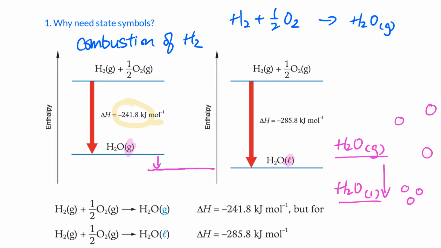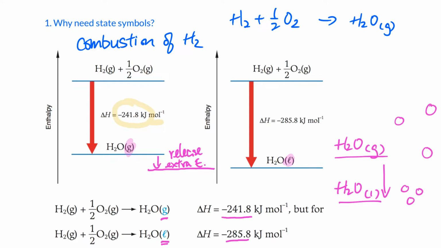If you write an equation without state symbols, I don't know whether you are going to gas state or liquid state. If you go to gas, it will be negative 241.8. But if you go to liquid, you need to release extra energy, so it will make the value even more negative.